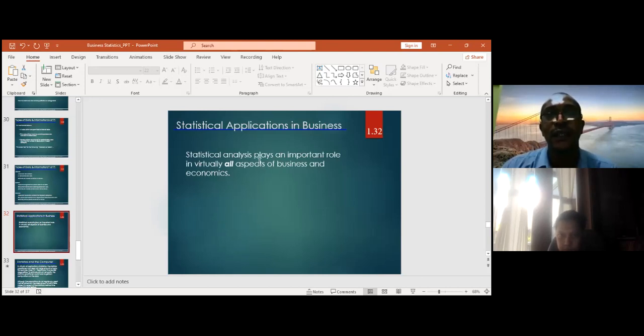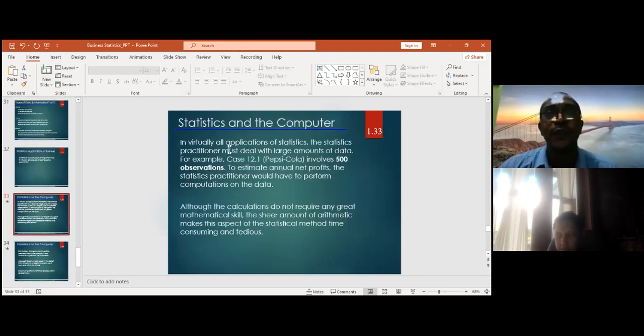Statistical analysis plays an important role in virtually all aspects of business and economics. In virtually all applications of statistics, the statistics practitioner must deal with large amounts of data. For example, in the case of Pepsi Cola, it involves 500 observations out of the 50,000. But even with these 500 observations, calculating addition manually can be very tedious. Doing multiplication manually can be very difficult.